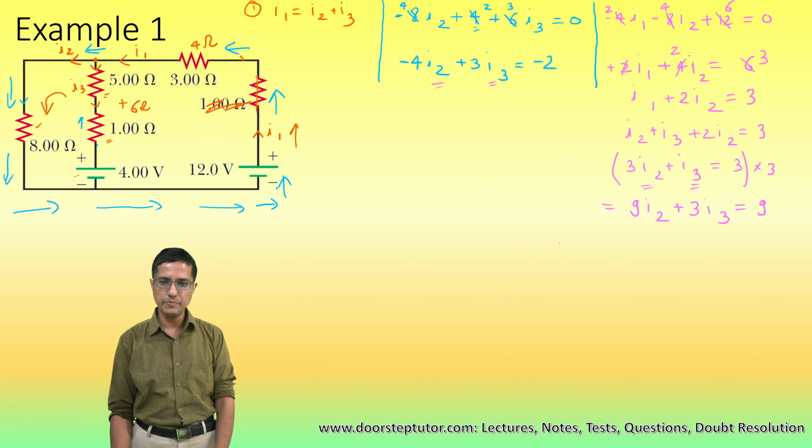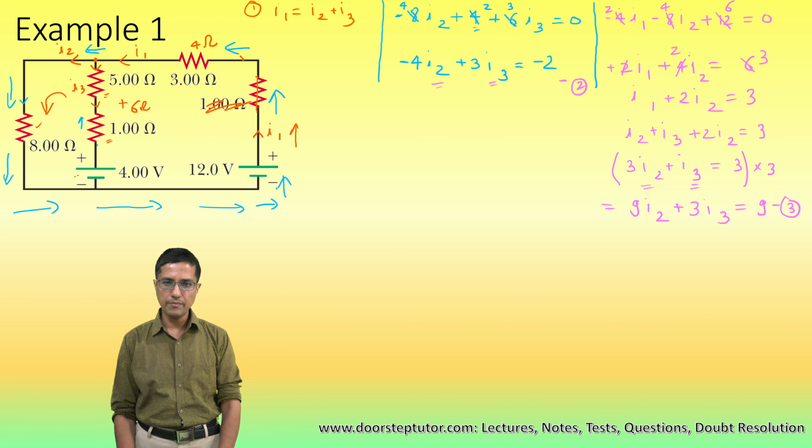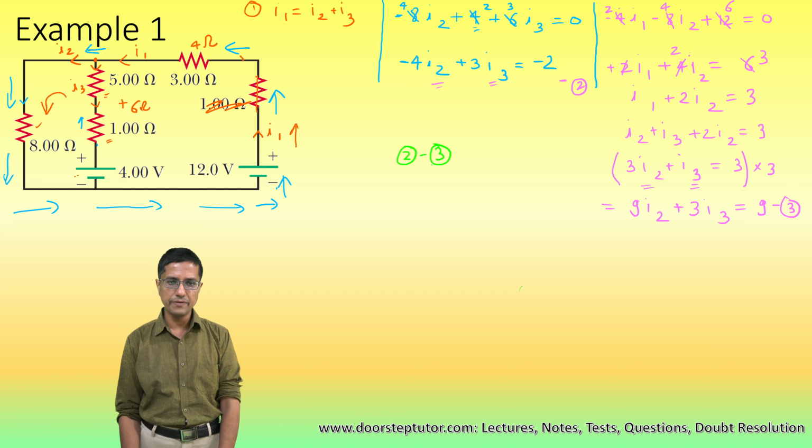Let's call this equation number 1, this became 2, and this we'll call equation number 3. And so now what I am doing is equation 2 minus equation 3.